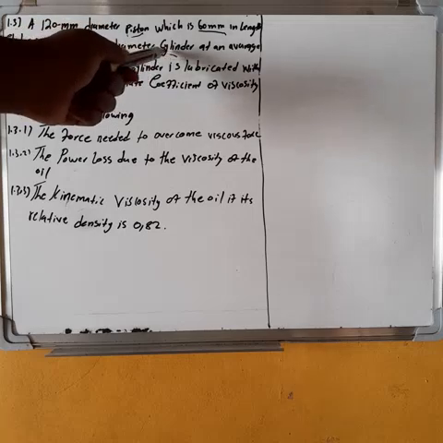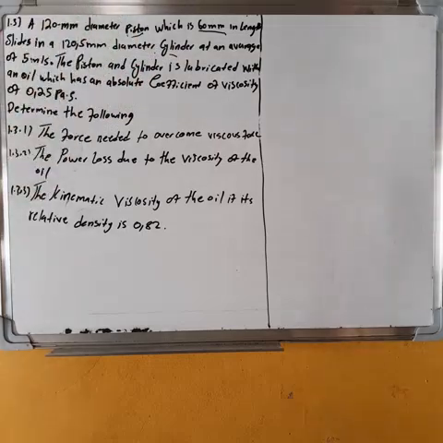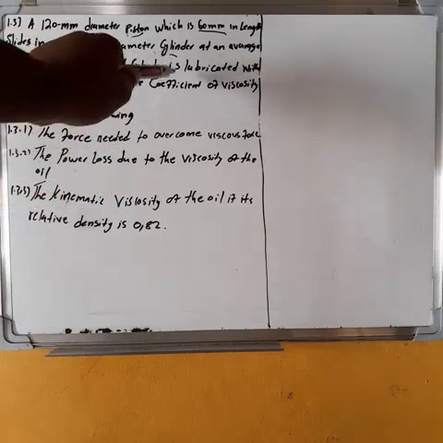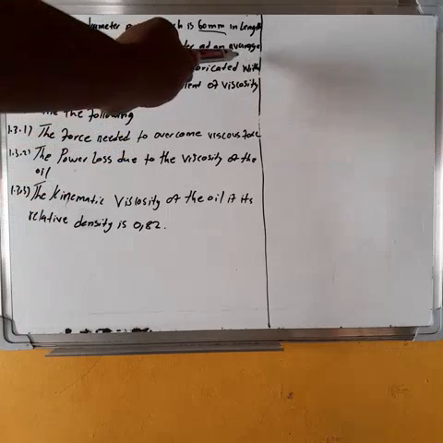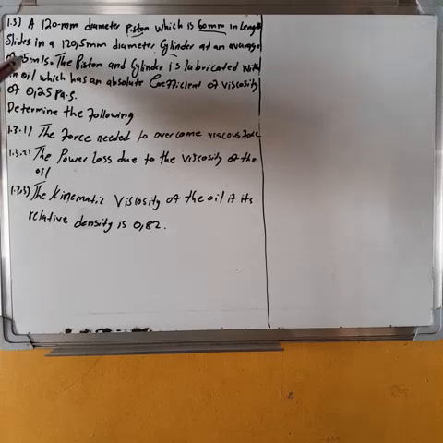It's the diameter of the cylinder. That means we're dealing with a piston and cylinder. This is a piston and cylinder problem, at an average of 5 meters per second, which is the velocity.